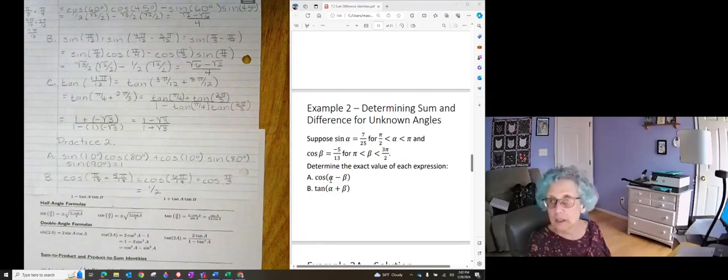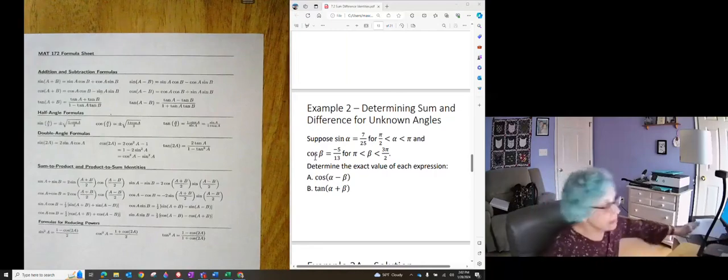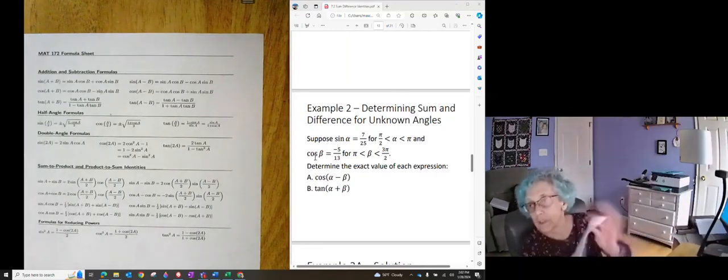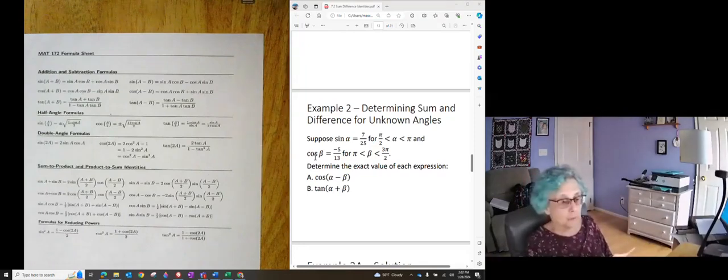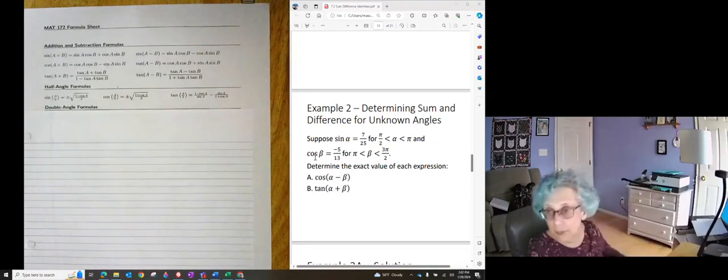So, determining sum and difference for unknown angles. So this is a little different. These aren't special angles where we're just plugging things in. These are ones where we're going to have to use some other techniques to figure out our sine and cosine.